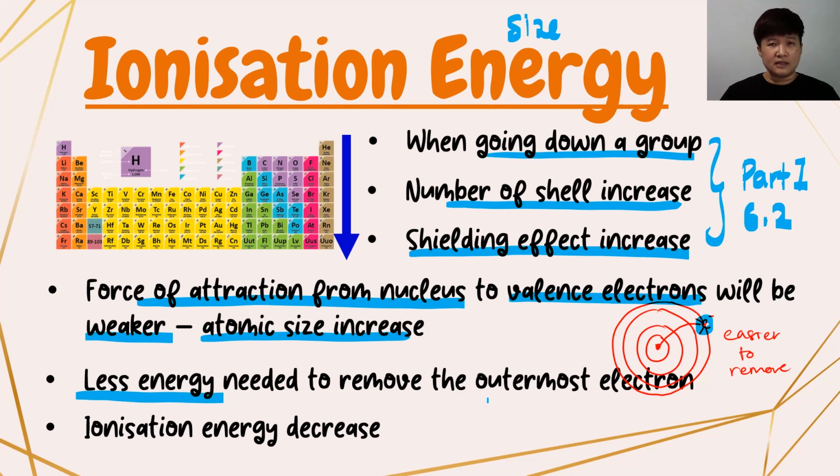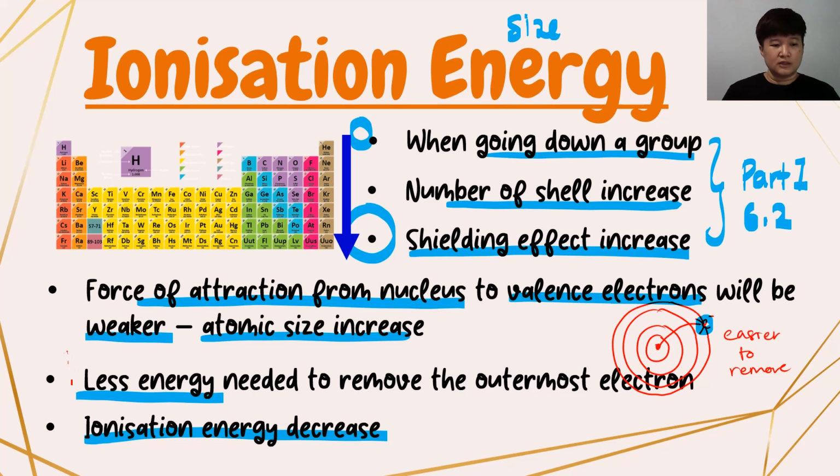When we only need a very small amount of energy, that's why the ionization energy decreases when you are going down a group, as the size goes from small to bigger. Therefore, when you're going down a group, ionization energy decreases. And like I say, it's not totally a new thing. Big part of it is about why the size is bigger.